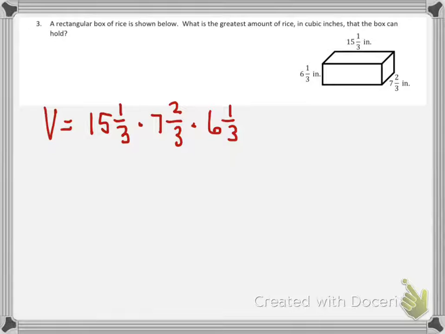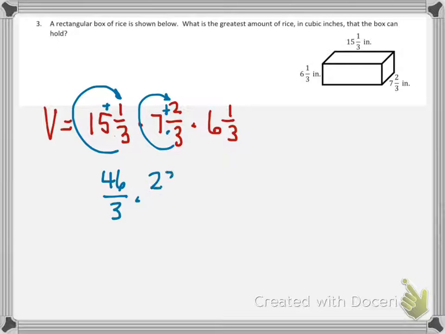So what we're going to do here is change these mixed numbers into improper fractions. 3 times 15 is 45, plus 1 is 46 thirds, times 21 plus 2 is 23 thirds, times 18 plus 1 is 19 thirds.